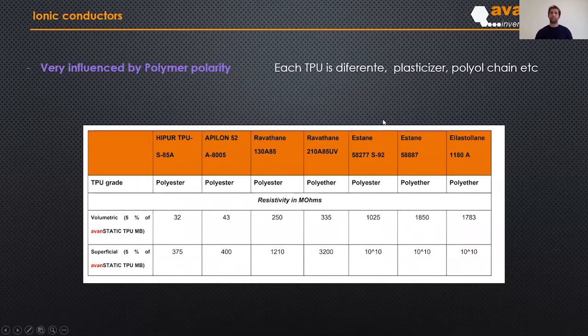Polyester is not the same as polyether, and it matters whether they use plasticizer inside or not. If the polyol changes, everything affects the result. For example, here we can see a study with 7 different TPUs from polyester to polyether, and with the same dosage of Avanzare TPU masterbatch, which is one of the products that we can put on the market for that, we can get resistivities from 32 megaohms, meaning 3 times 10 to the 7, to almost 2000 megaohms.